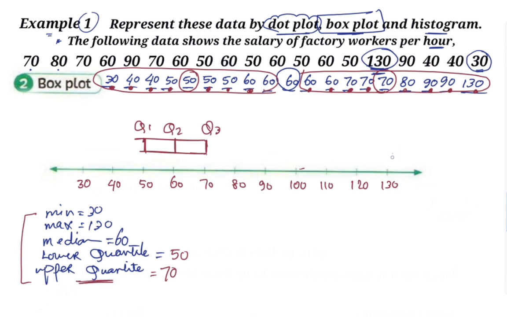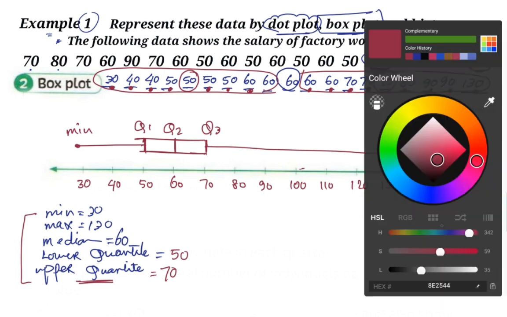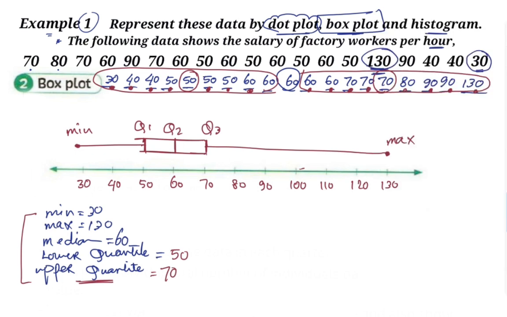Also we have this point as the maximum and the other point from here as the minimum. So here we have the minimum and here the maximum. Okay, 1, 2, 3, 4, 5 numbers. This is called the 5 number summary. Now from this box plot, what can I know?